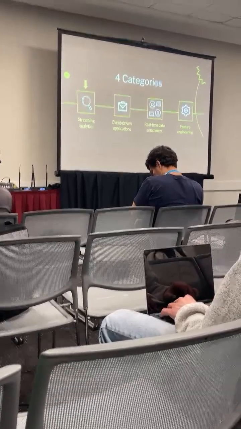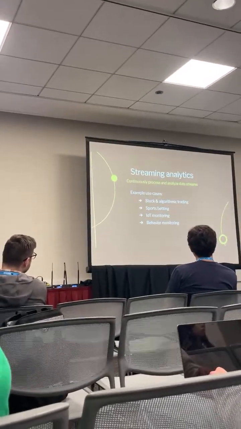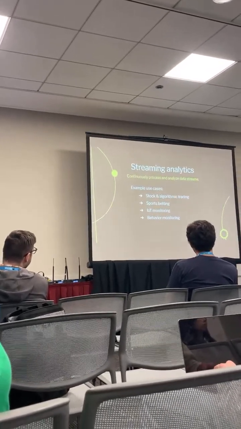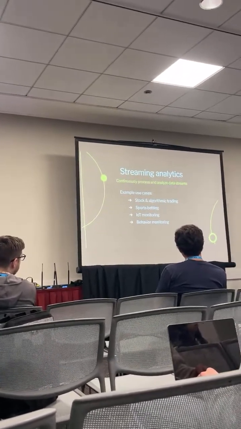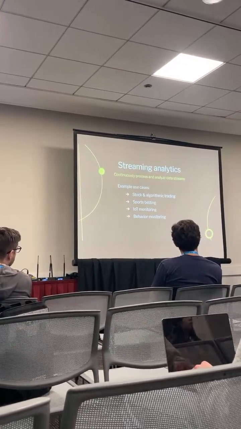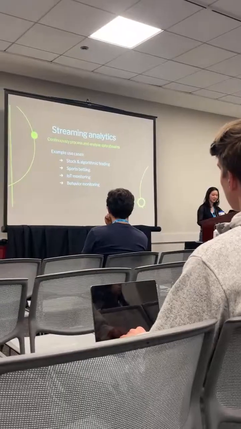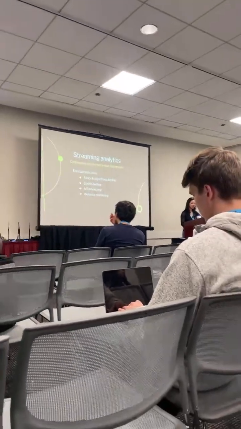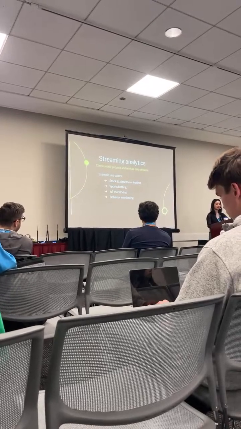So let's start with streaming analytics. This is usually when you have high velocity data streams and you want to continuously process and analyze that data for instant insights. And this is probably most applicable in stock trading and algorithmic trading. Financial markets are generating an enormous amount of data every single second.